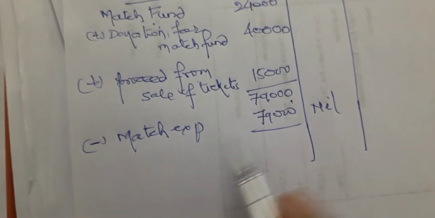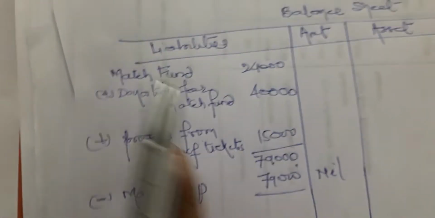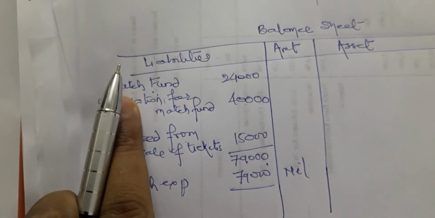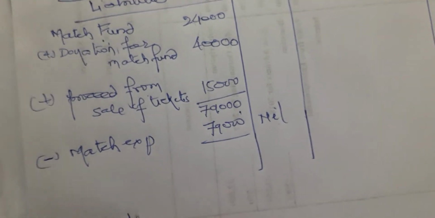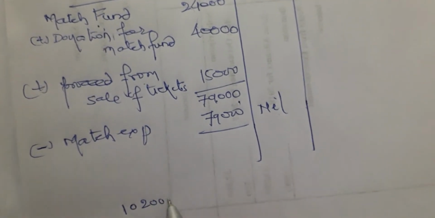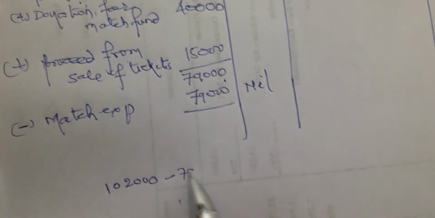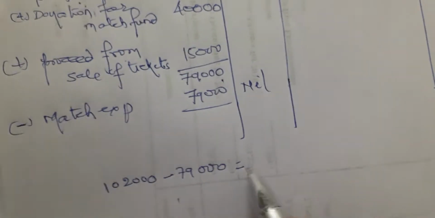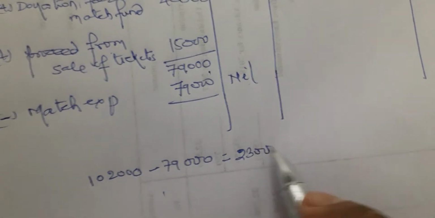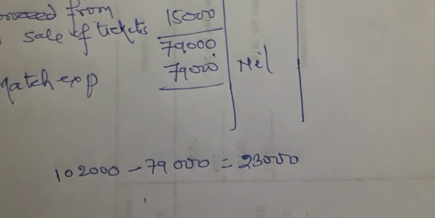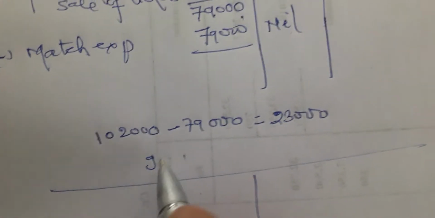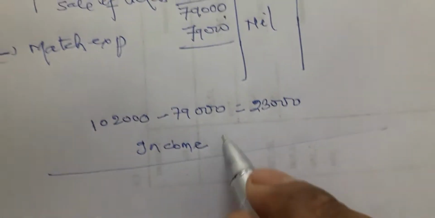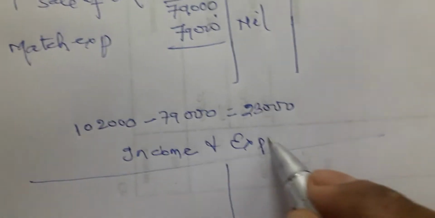The remaining match expenses which are not adjusted from the match fund because the fund was not available, that is 1,02,000 minus 79,000, that is 23,000, will be treated as revenue and transferred to the income and expenditure account.